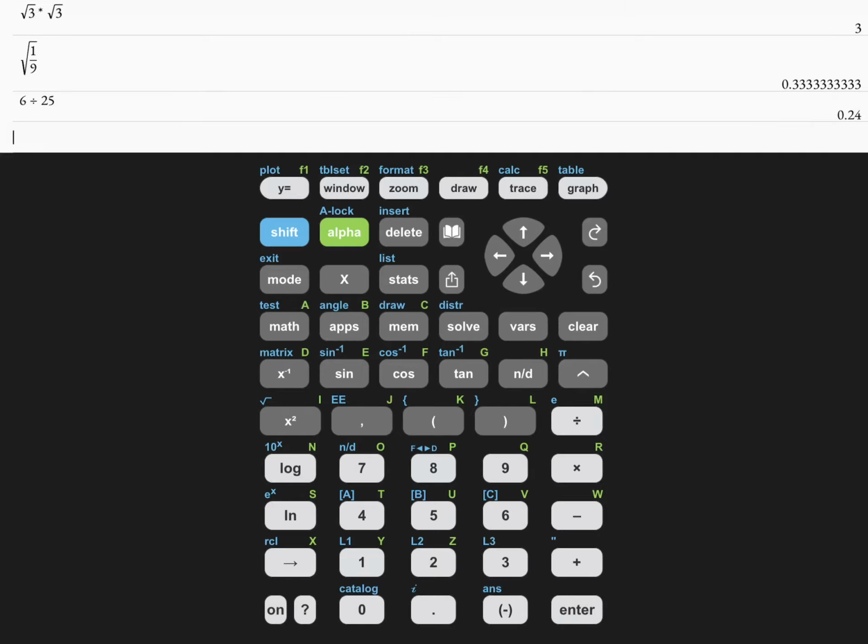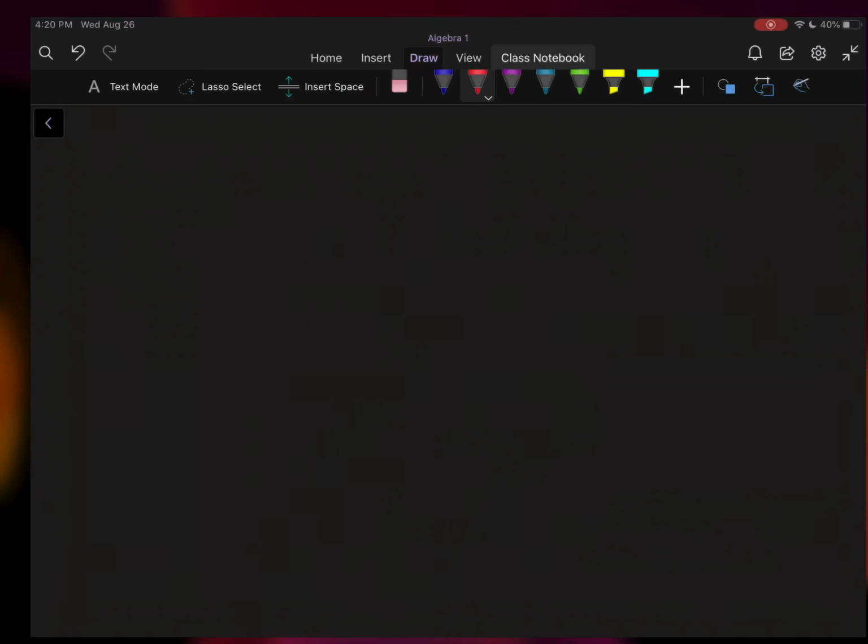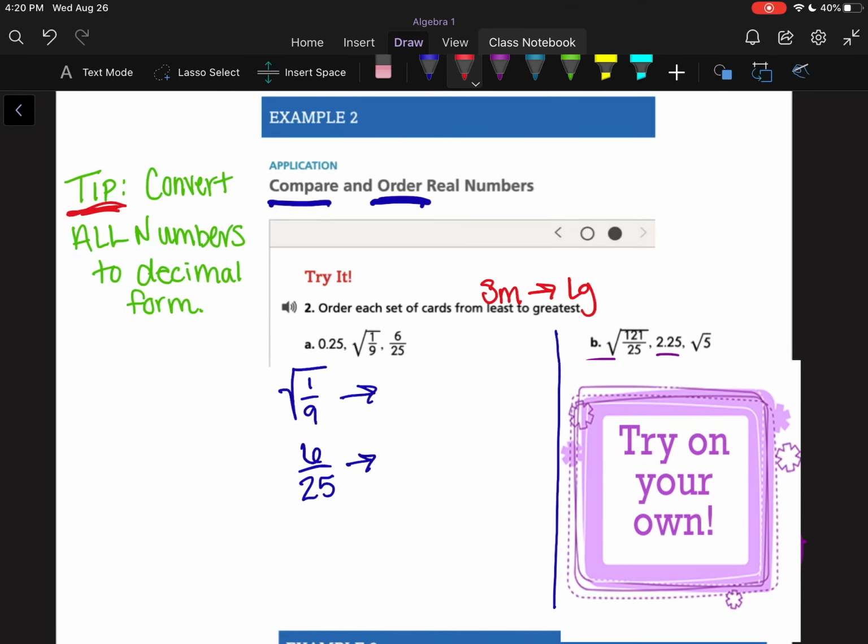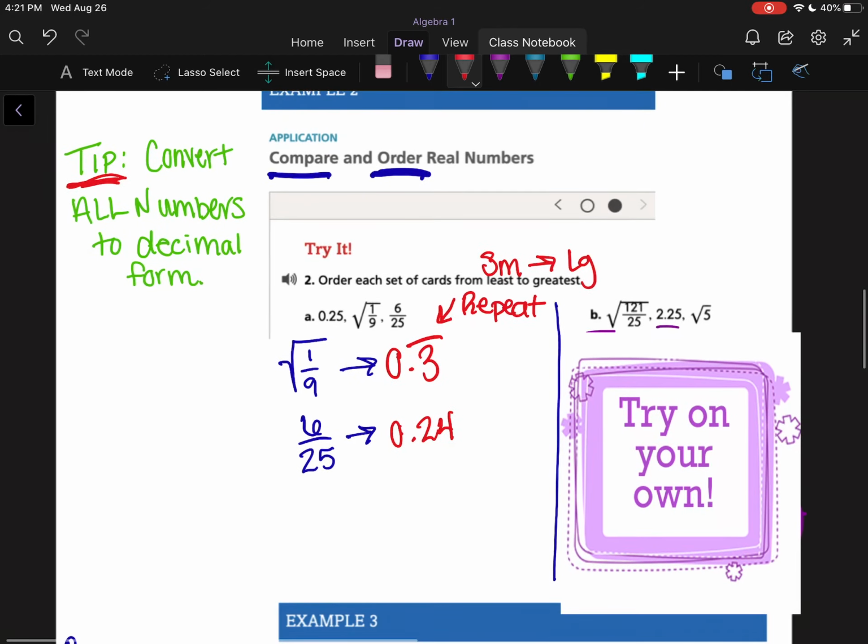I'm going to switch back into my notebook, and I'm going to write those down. The square root of 1/9 was 0.3 repeating. I'm going to put a little repeating bar and put a note. 6/25 was 0.24.